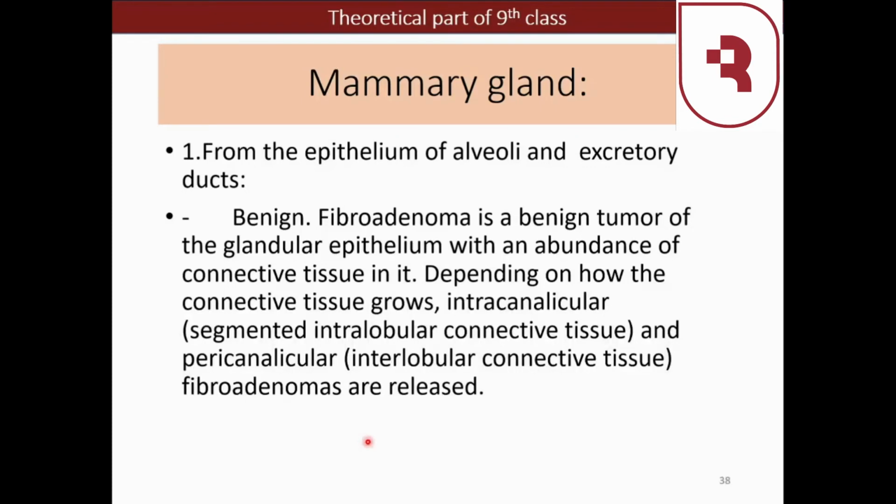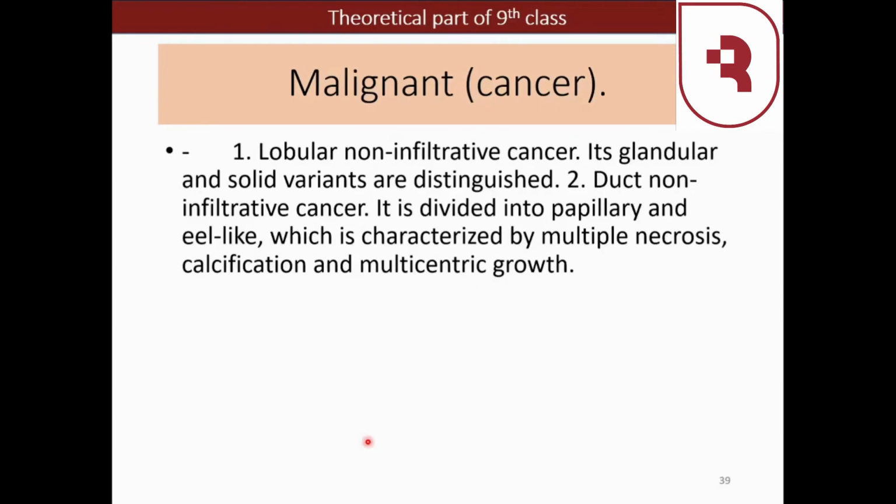Malignant tumors of the mammary gland are non-infiltrative cancer or glandular and solid variants of cancer, and duct non-infiltrative cancer. It's divided into papillary and comedo-like, which is characterized by multiple necrosis, calcification, and multicentric growth.